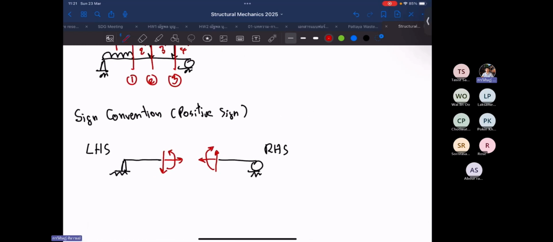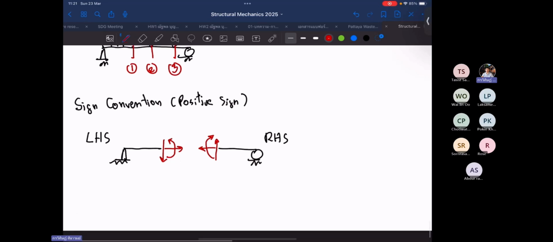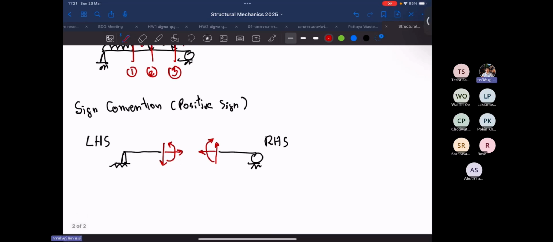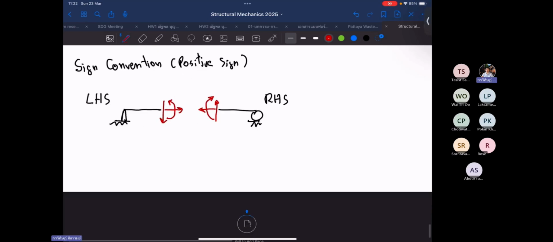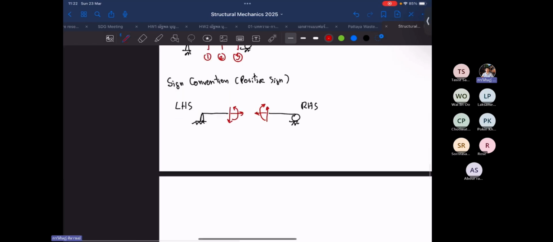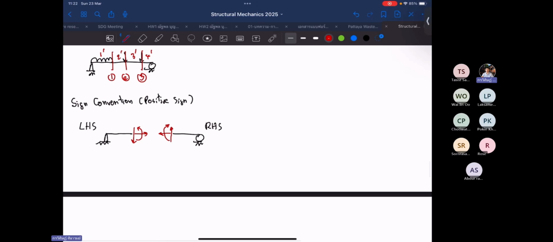But in the exam, I already give you this figure, so you can just follow it. This is the sign convention of the internal forces. Many times we will be asked whether this one is positive or negative moment, so we can have an image of which one is positive and which one is negative.